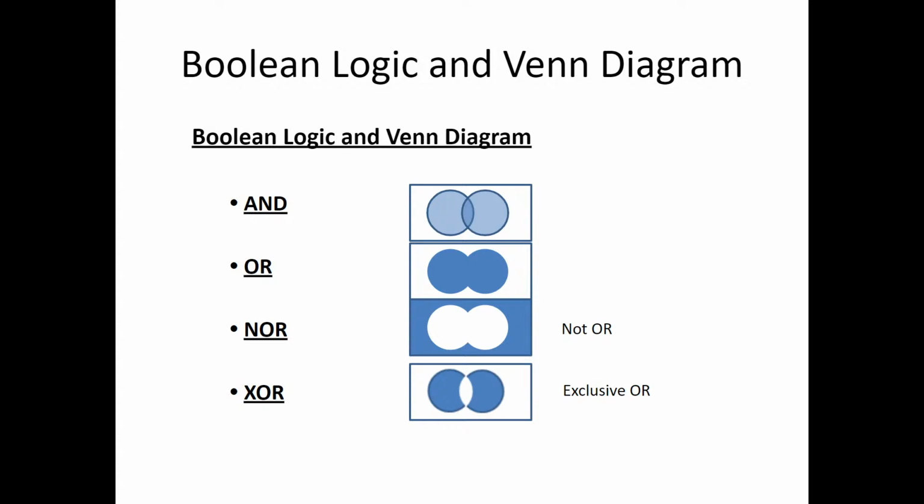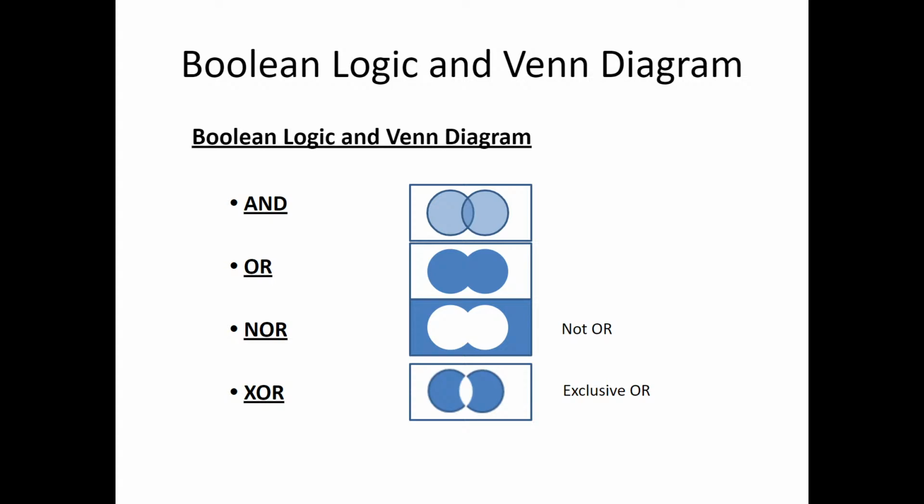So Boolean logic is often compared with the Venn diagram. The reason for this is because the Venn diagram is a very visual representation of Boolean logic. So here we're going to take a quick look at it. We have the AND function over here. The AND function is going to cover the overlap of the two circles, and so only the overlap is going to return true.